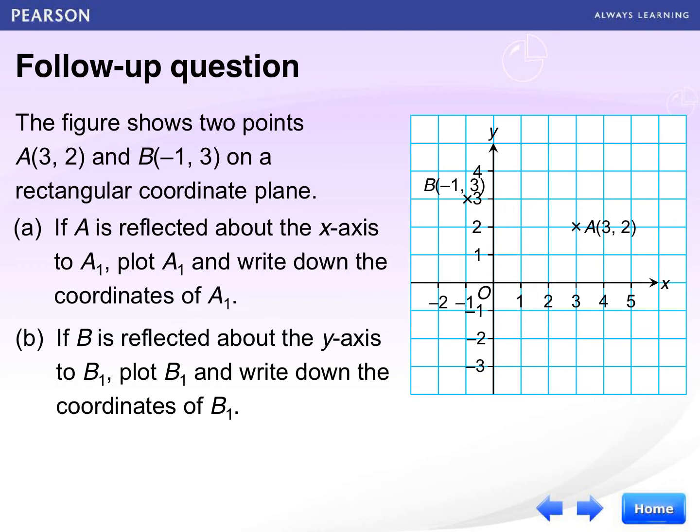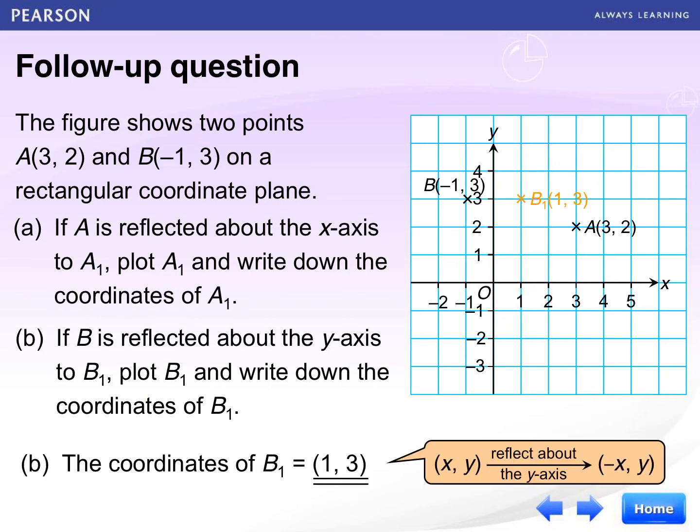We can then plot B1 like this. So the coordinates of B1 are 1 and 3. The x-coordinate of B is -1, then the x-coordinate of B1 is 1. And the y-coordinates of these 2 points are the same.